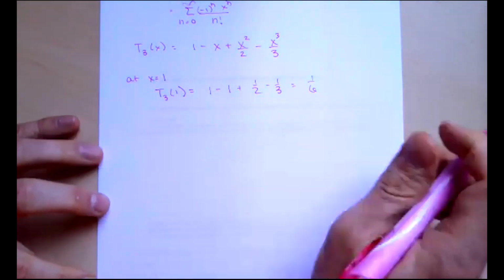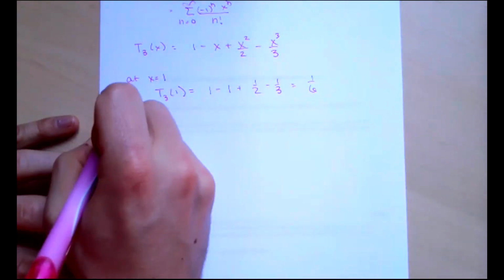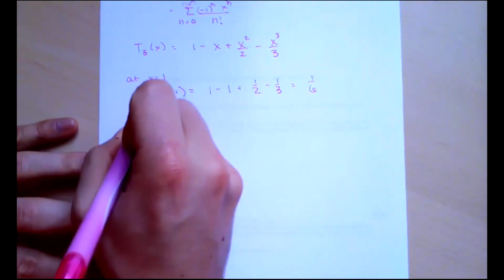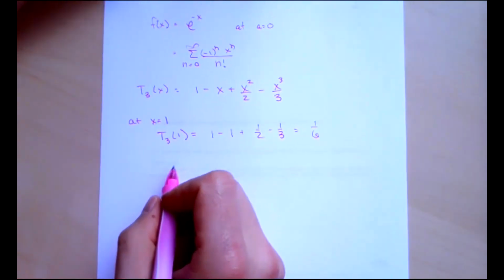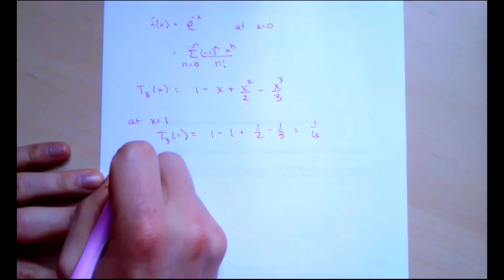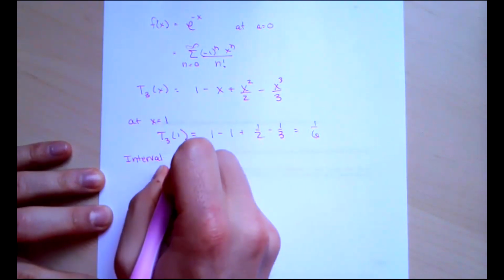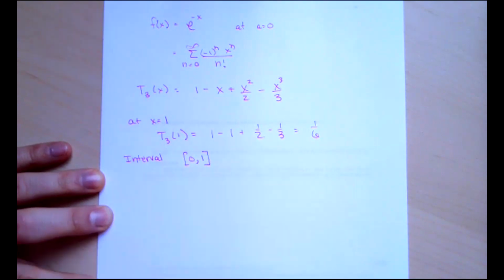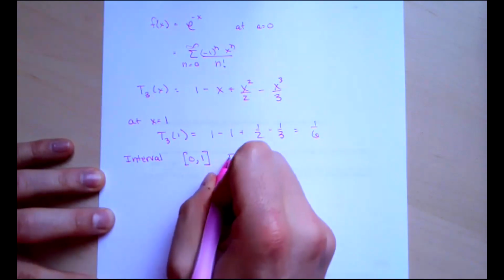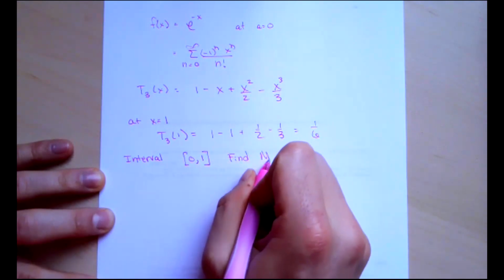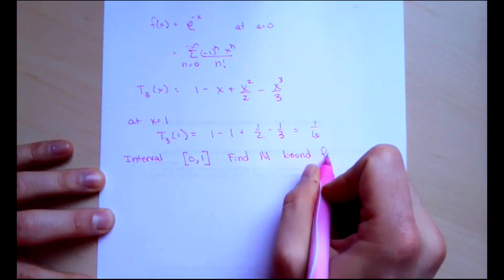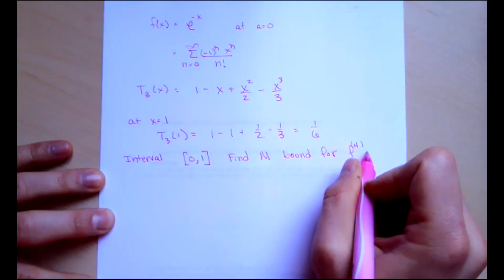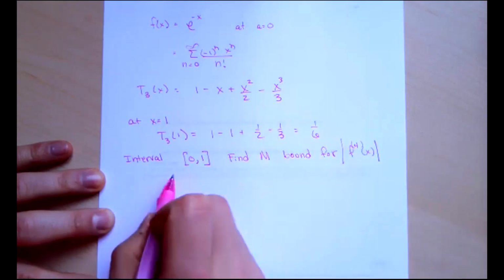And we want to know how big of an error. So since here our x was 1, our interval is 0 to 1. So we find M, which is a bound for the fourth derivative on that interval.